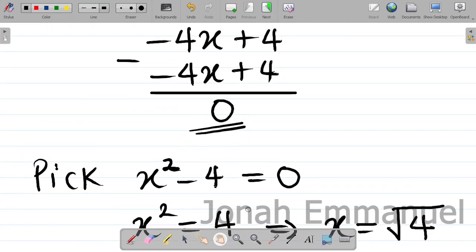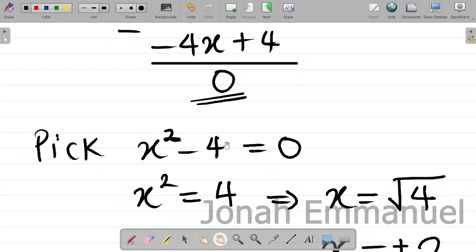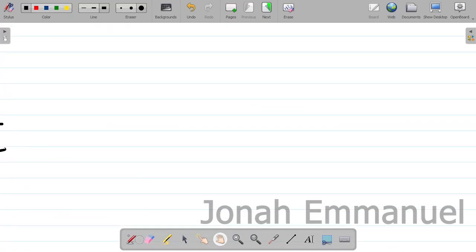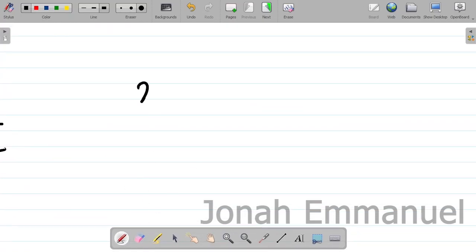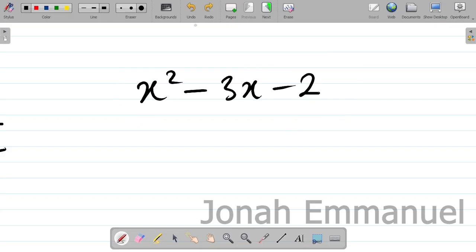Now, note that in some other cases, when you solve questions like this, your answer may not be in this form, but it could be another quadratic equation. For instance, after dividing this, you could have your answer as something like x squared minus 3x minus 2. How do you solve this? You solve this as a quadratic equation. I'll leave a link on how to solve quadratic equations in the video description.